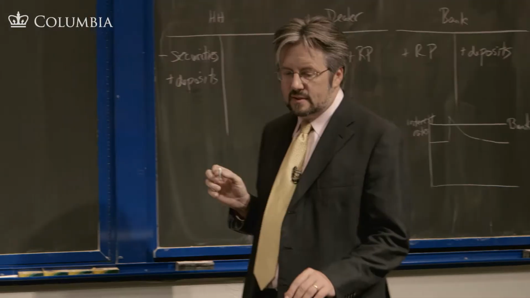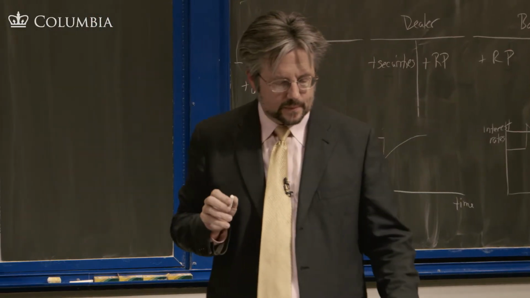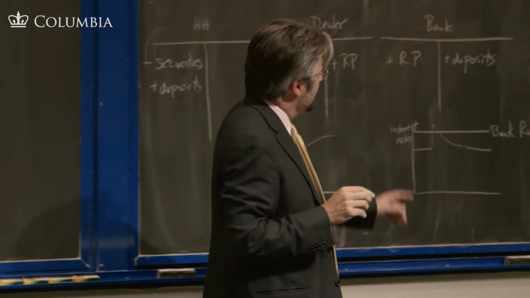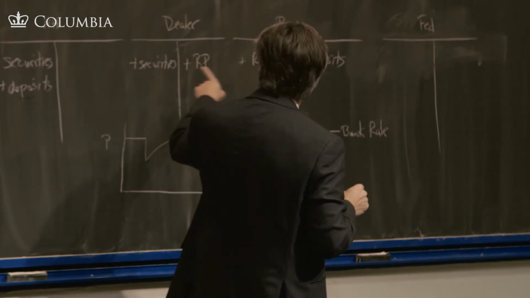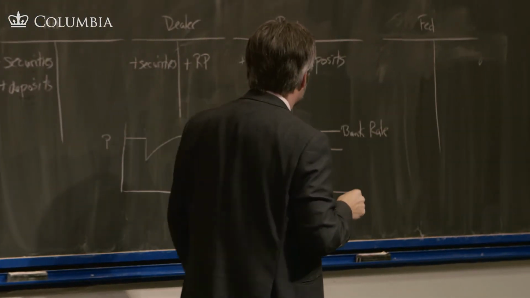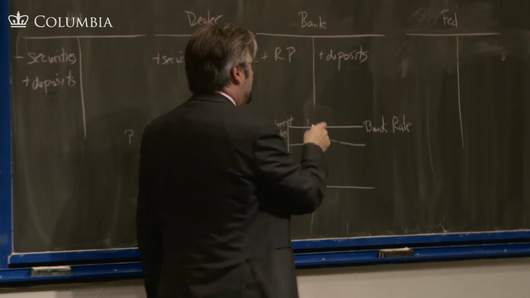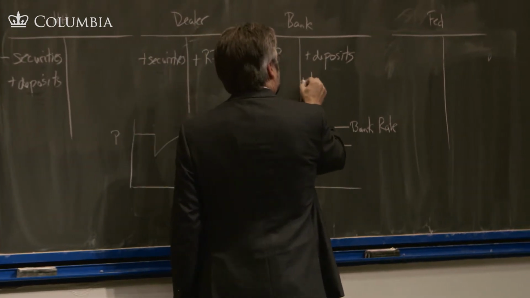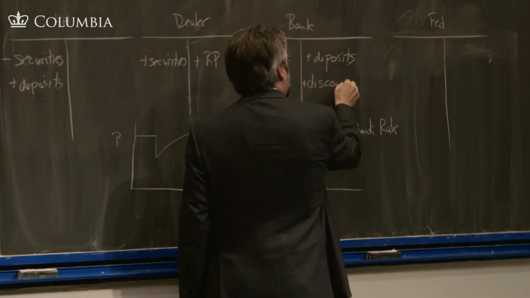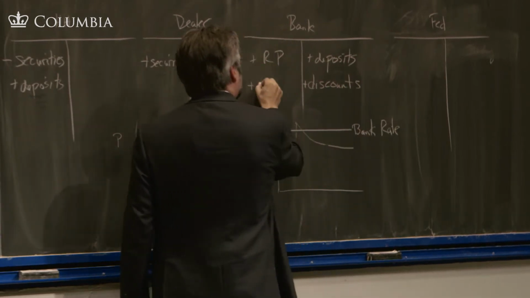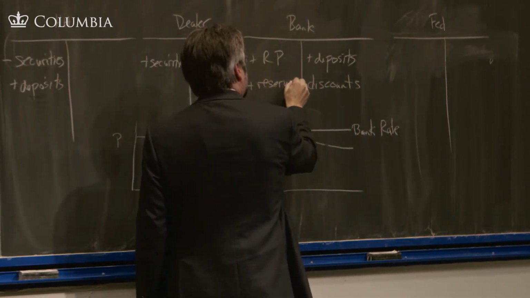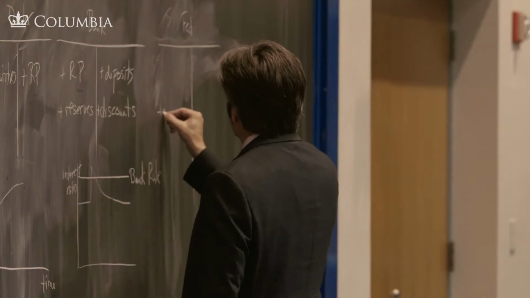And then the balance sheets look like this, that the bank can lend more to the dealers, help the dealers, by borrowing reserves for itself from the Fed.